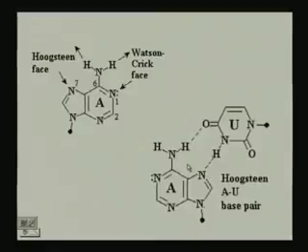And when we see Watson-Crick base pairing, in this case what would happen? The linkage would be on this side, because it would be the 6-membered ring that would be involved in the base pairing. So, we have a Watson-Crick face, we have a Hoogsteen face. Okay. But by far it is the Watson-Crick base pairing that is the most important. Okay.